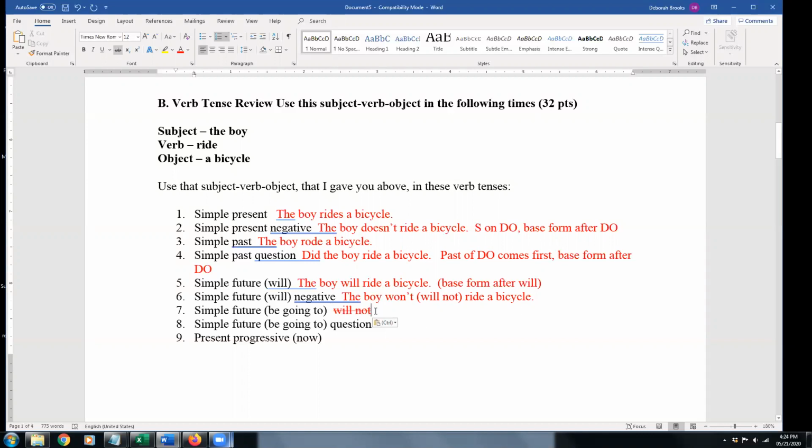Be going to, oops, start with my first sentence again. Be going to, so we have the boy, so it is going to, and is going to plus a base form verb. Be going to plus base form.